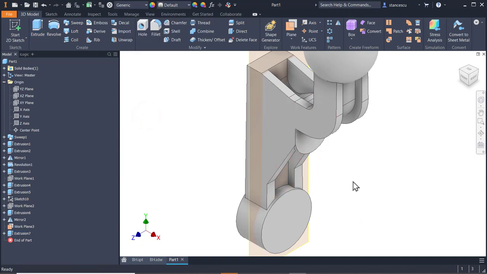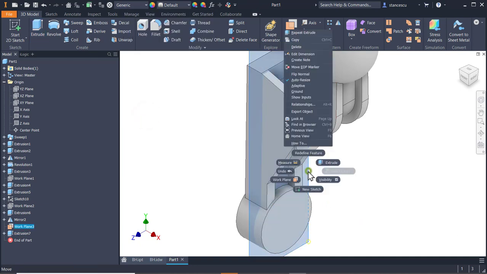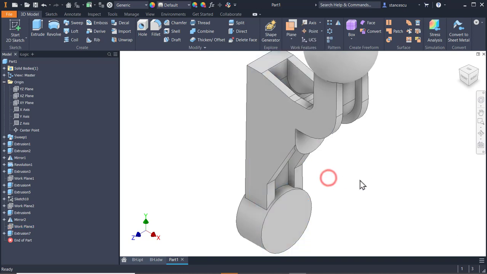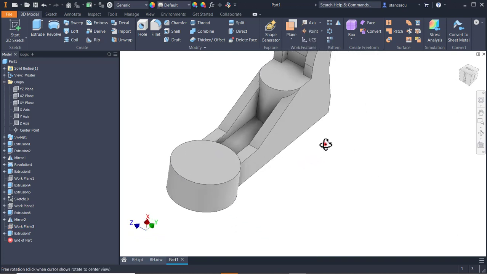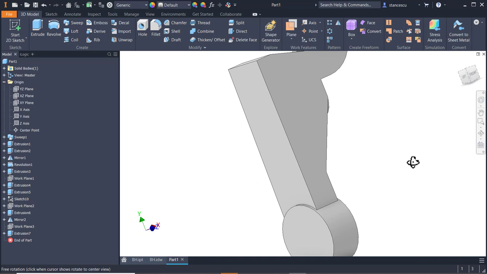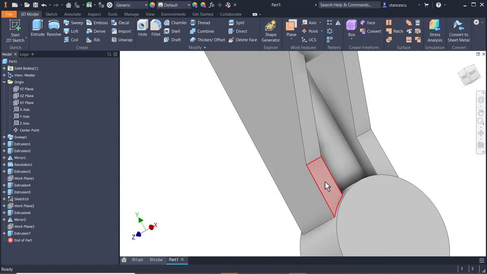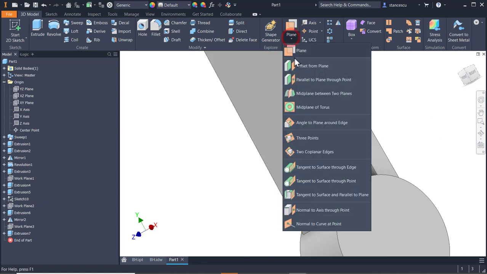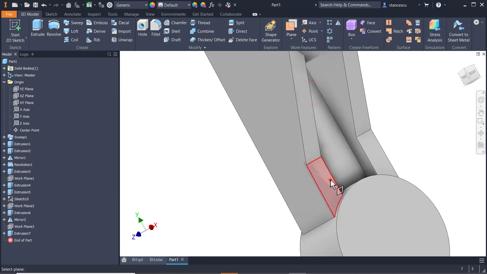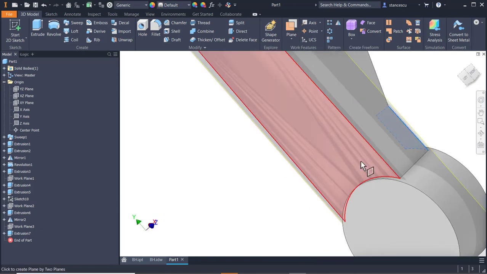Okay, visibility, you see, this is okay. Now I mirror it about the mid plane between these two. Mid plane, this is mid plane between this and this.